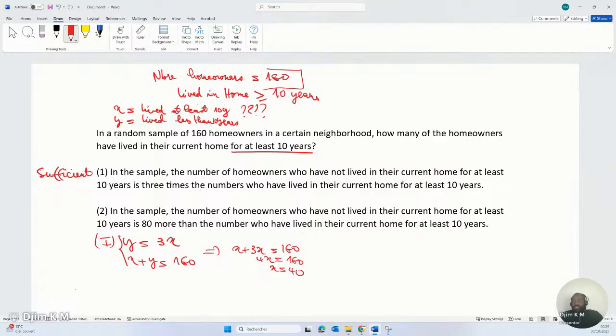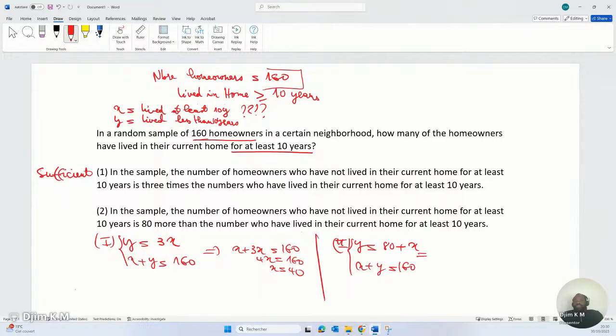The second condition. In the sample, the number of homeowners who have not lived in their current home for at least 10 years is 80 more than the number who have lived in their current home for at least 10 years. So y is x plus 80. But in the prompt, we have x plus y, which is equal to 160.